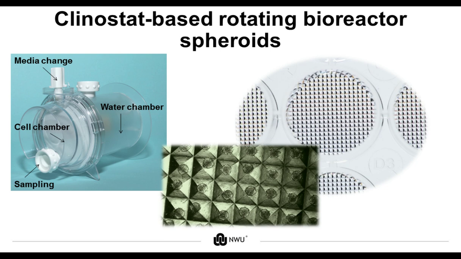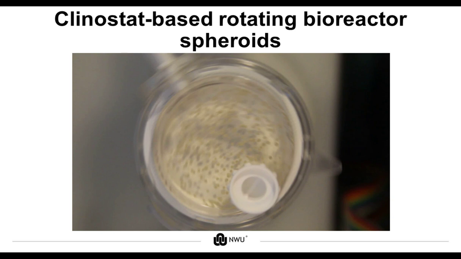These Agrewells allow us to produce approximately 800 to 1,200 spheroids per well, depending on the number of microwells. So now I'm going to show you a video of how a rotating bioreactor looks with spheroids in.